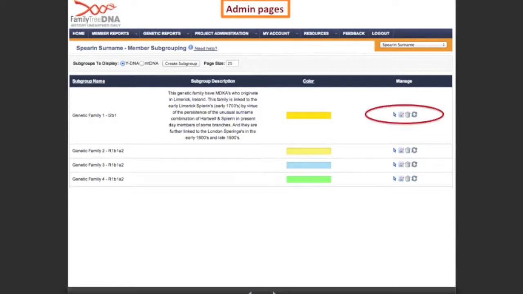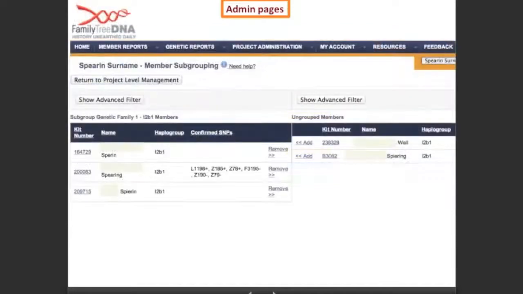But in order to manage them and to allocate people to different groups, you again have to click on this tiny little arrow, this deceptive little arrow. By clicking on that, it takes you to the Add or Remove page. I've clicked on the arrow for genetic family 1. You can see there's 3 people already in genetic family 1. I can remove any of them if I've changed my mind and they shouldn't be there.